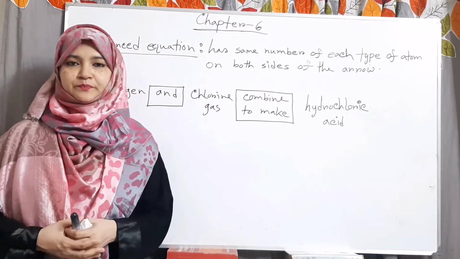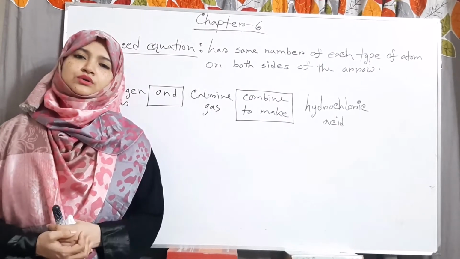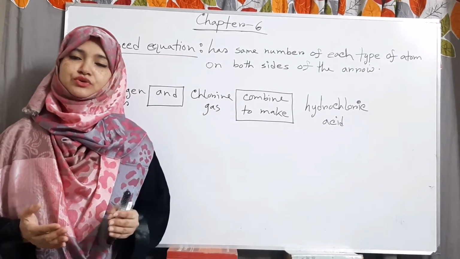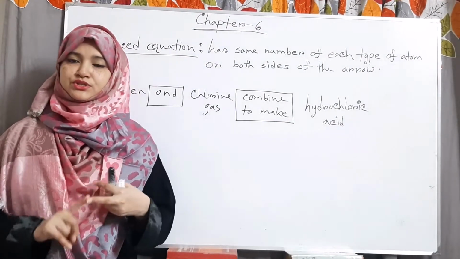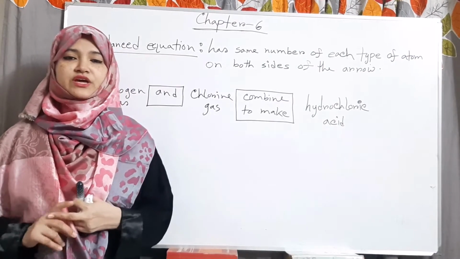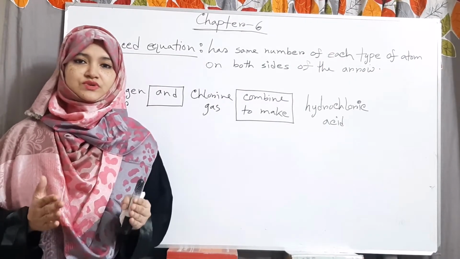So to understand the chemical reaction and chemical equation, we have to know about two terms, which are reactants and products. What is a reactant?